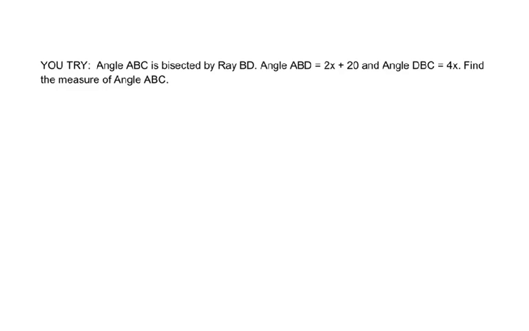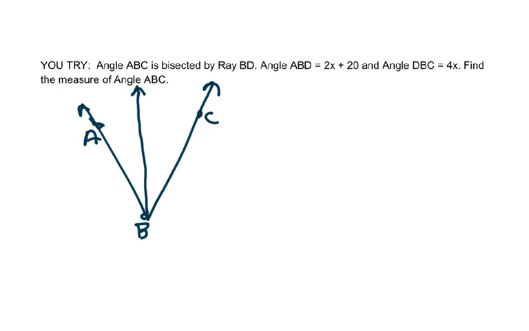So once again, we got ABC, and I'm sorry about the straight lines. It was not working. There we go. So we've got A, B, and C. Once again bisected by BD. We know that ABD is 2x plus 20, and they're congruent.